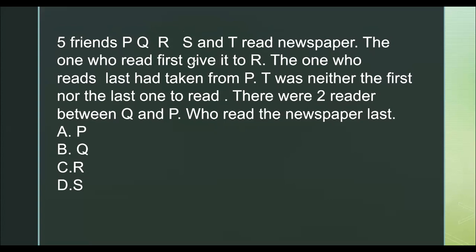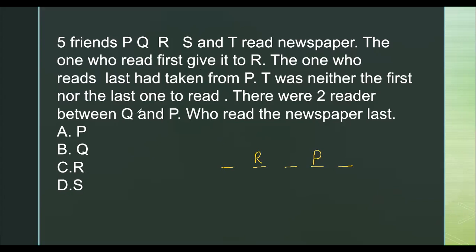The one who read first gives it to R. So that means the first gives it to R. The one who reads last had taken it from P. We are making 5 blanks here. That means here it will be P.